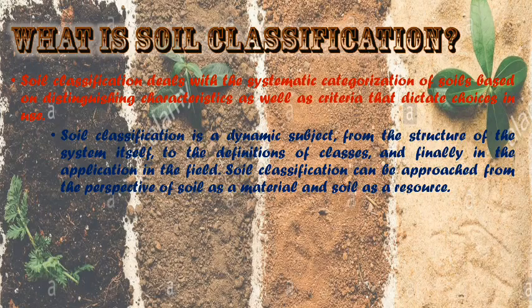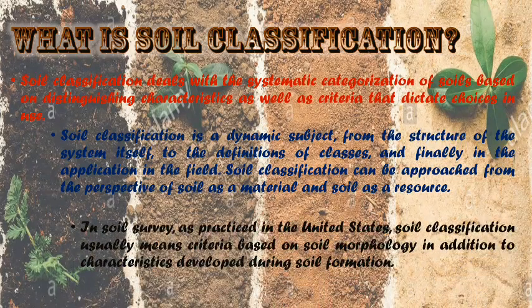Soil classification can be approached from the perspective of soil as a material and soil as a resource. In soil survey, as practiced in the United States, soil classification usually means criteria based on soil morphology, in addition to characteristics developed during soil formation.